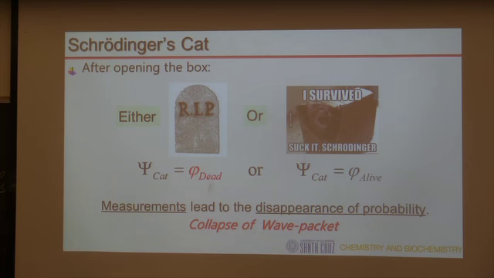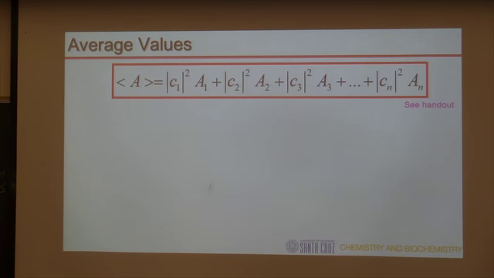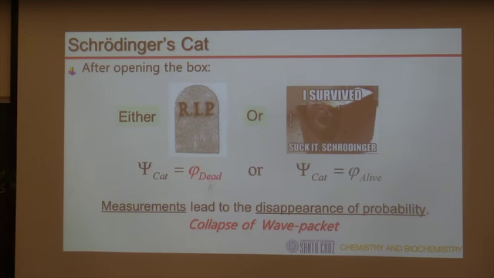And at the same time the probability disappears. So the state collapses to the single eigenstate which gives you that eigenvalue. Any question about this? That's Schrodinger's cat. It's talking about a dead and an alive cat. But once you open the box, the superposition will disappear.